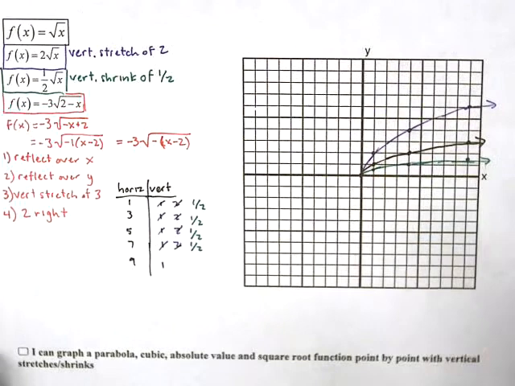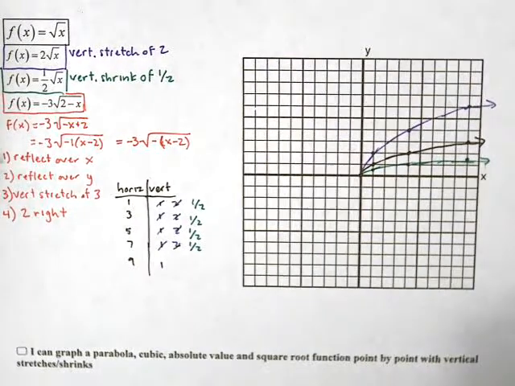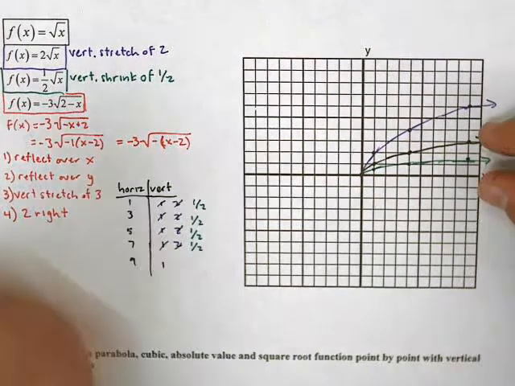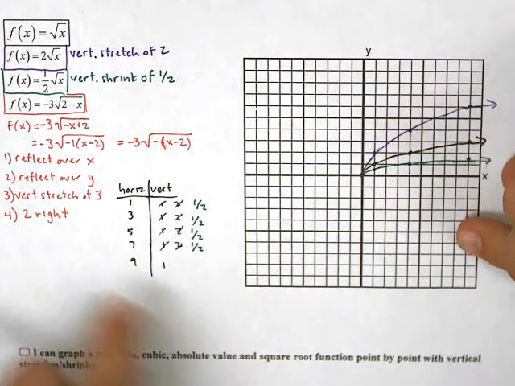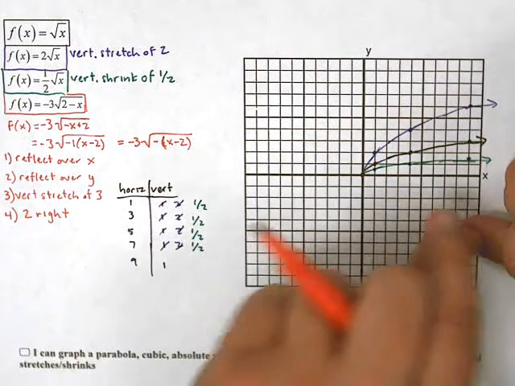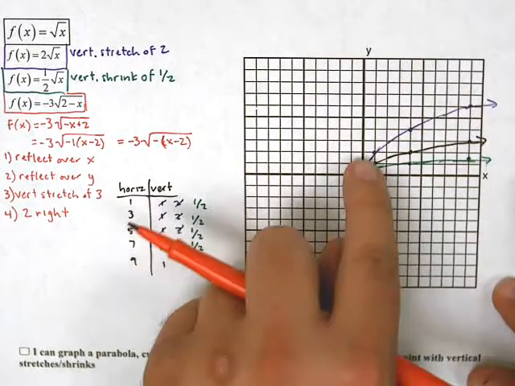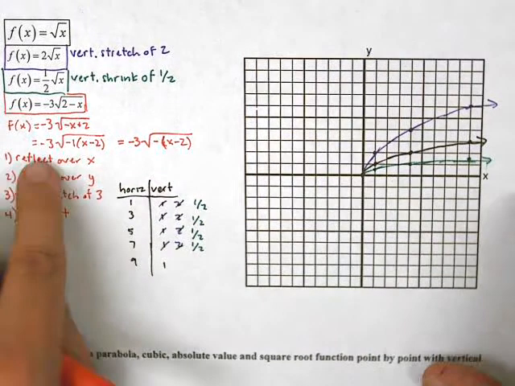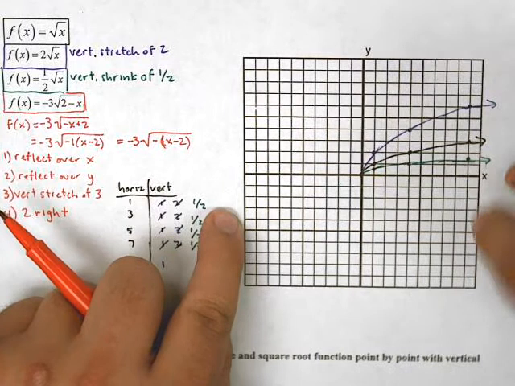All right. So again, 1 and 2 are the concepts, the ideas. I now know, because I'm reflecting over the x and I'm reflecting over the y, my function is going to have to go down and to the left. Again, one more time. Reflecting over the x would mean I would go down and to the right.